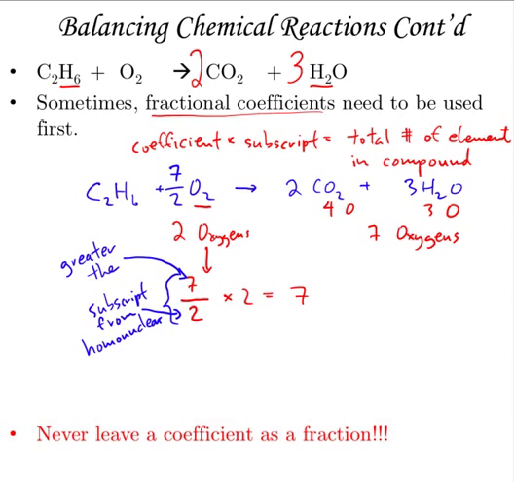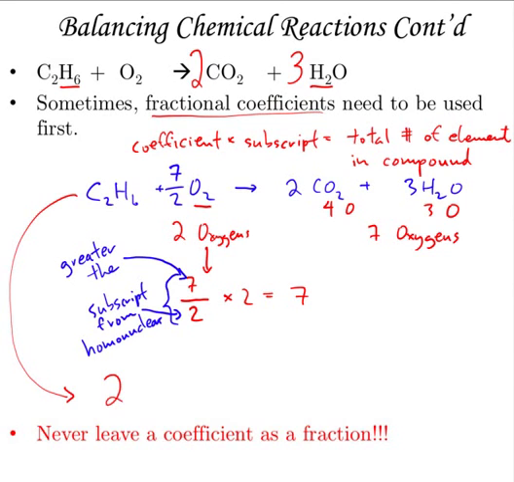In other words, we're going to eliminate the fraction and be left with nothing but whole numbers. The fraction we have is 7/2. If we want to get rid of a fraction, we simply multiply by its denominator. But I can't just multiply oxygen by 2. If I change one element, I have to do it proportionally to everything. And so my grand and final answer is going to be the following.